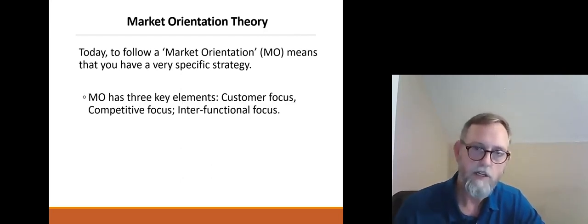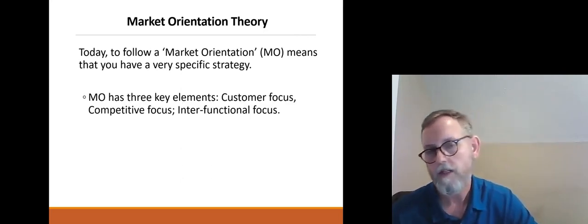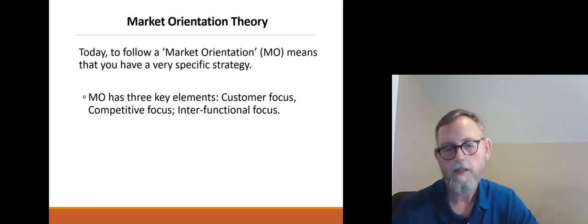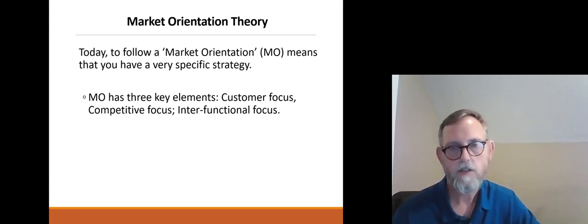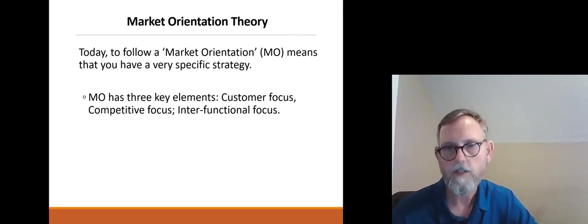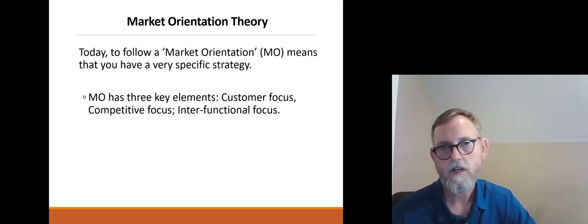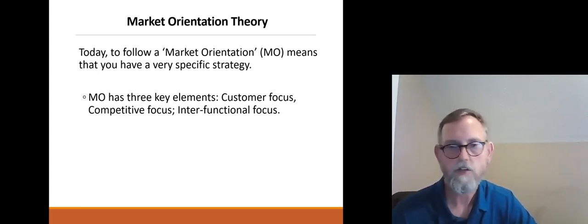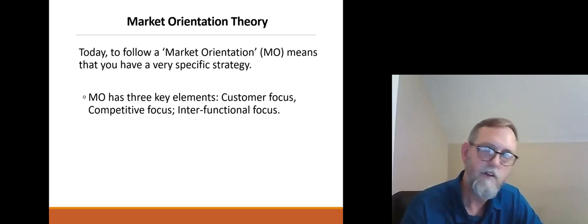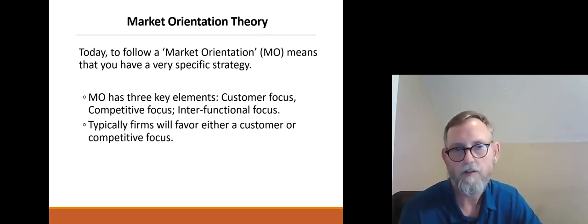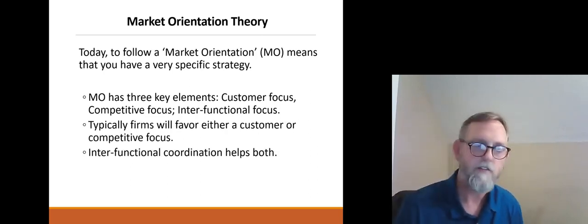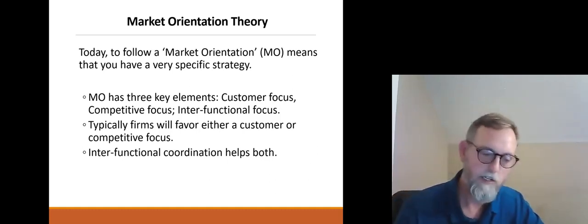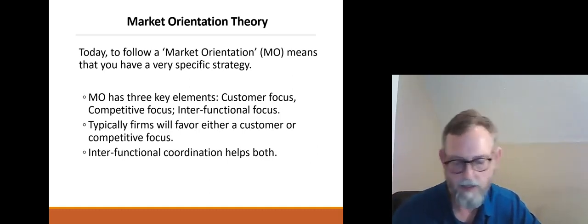There are 3 distinct components of market orientation, and all 3 are important: a focus on customers, a focus on competition, and this sharing of information across functions within the organization. Typically, organizations will lean towards or favor an orientation.